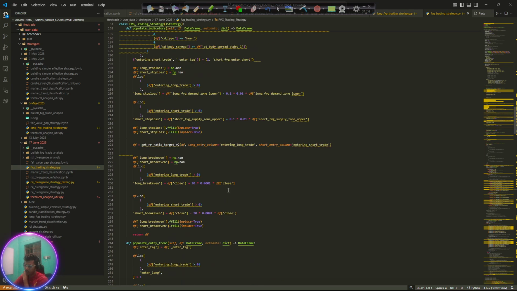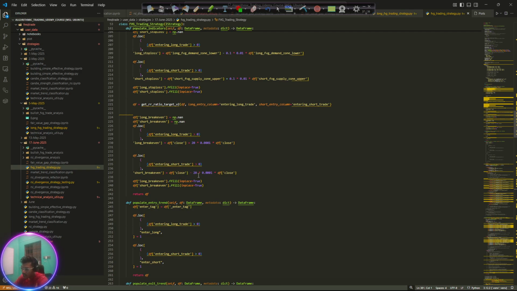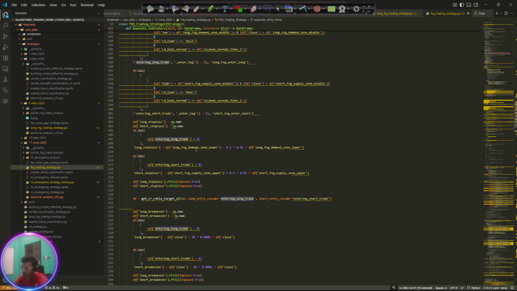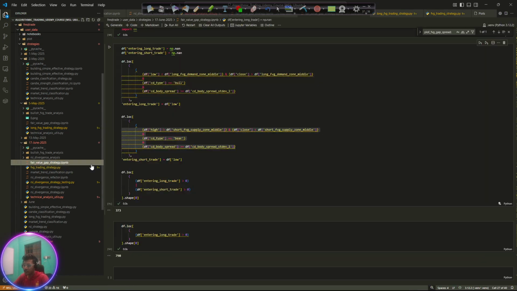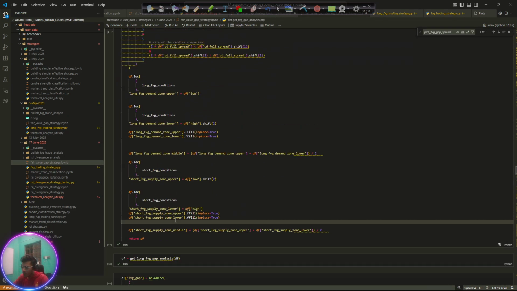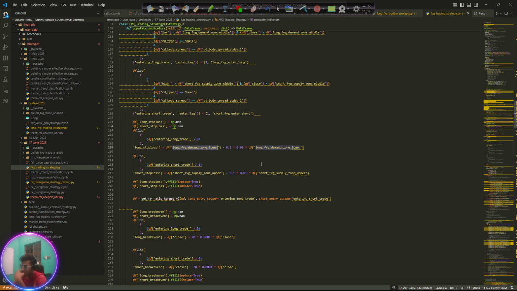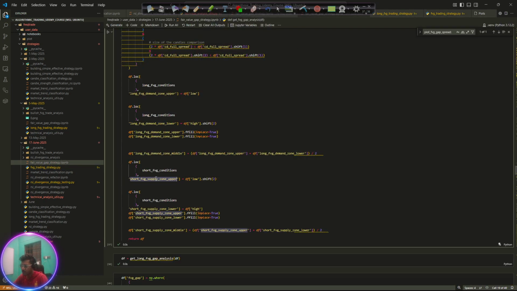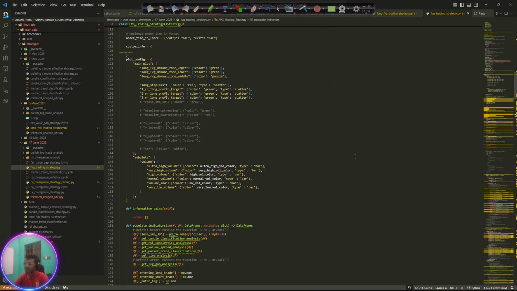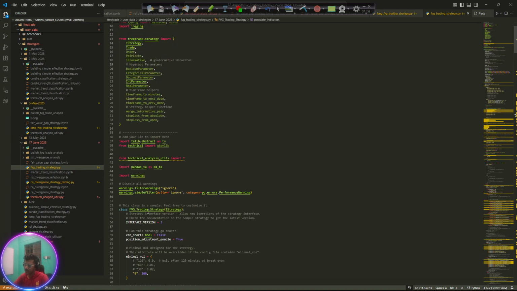Let me just quickly check the stop loss here. Stop loss is short, lower, upper. Okay, cool. So this should be upper, right? All right. Let's run the back test.